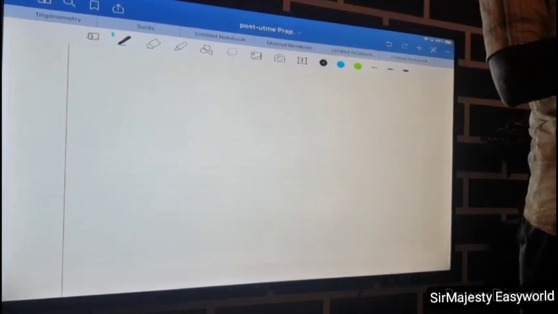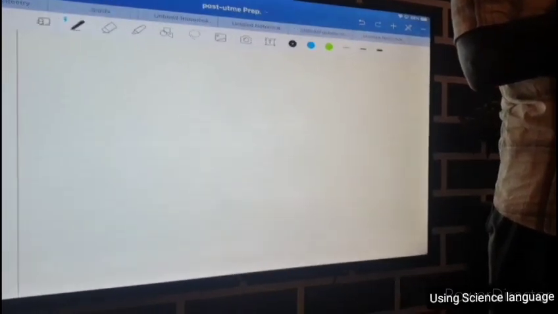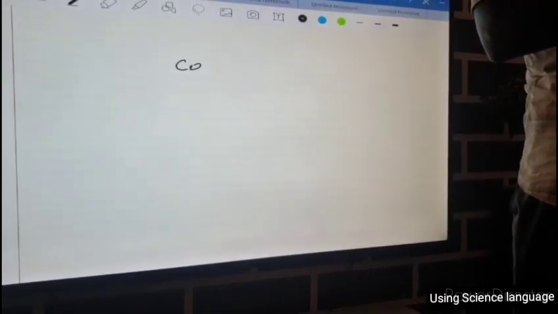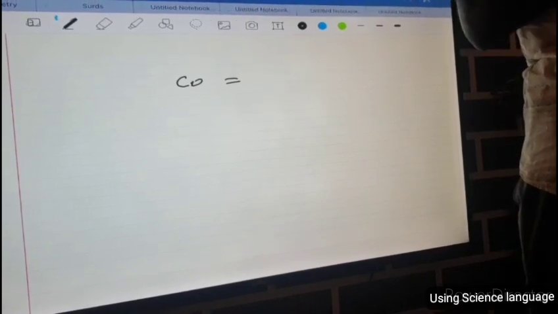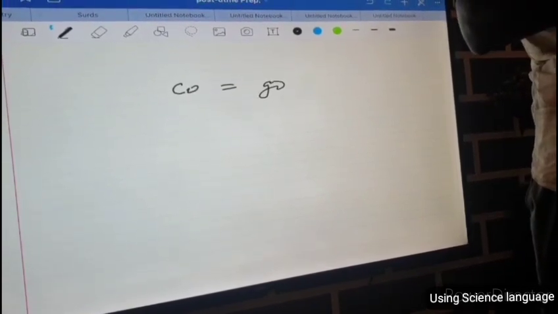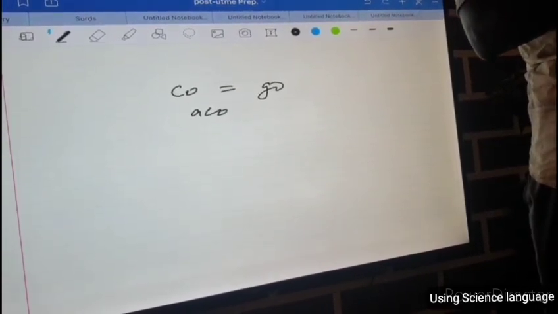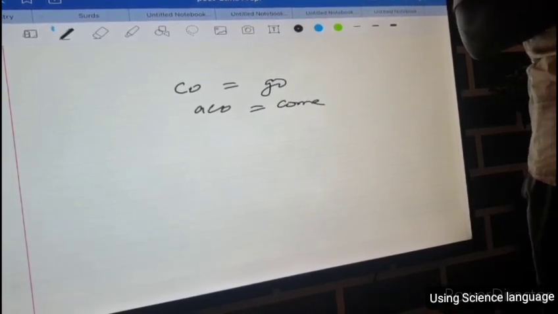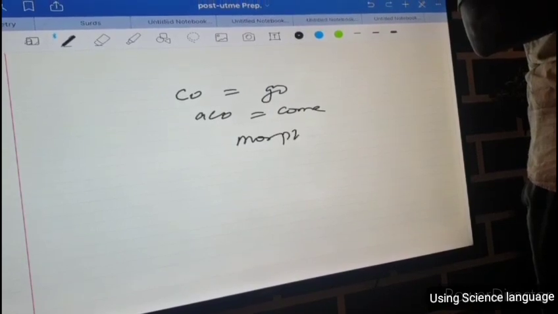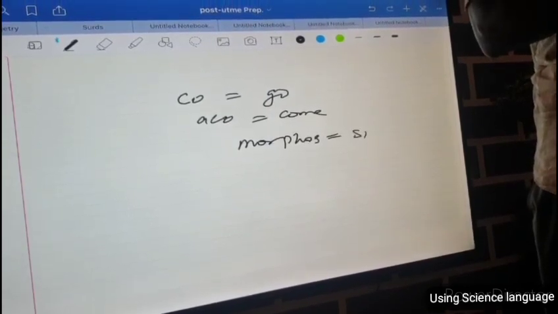In Greek, if I have a word, for example, ko, and ko means, I'm just using an example, please, let's say that ko means to go in Greek. If you now see another word, ako, it means to come, the opposite. So simple. If you hear morphos, it is actually shape.